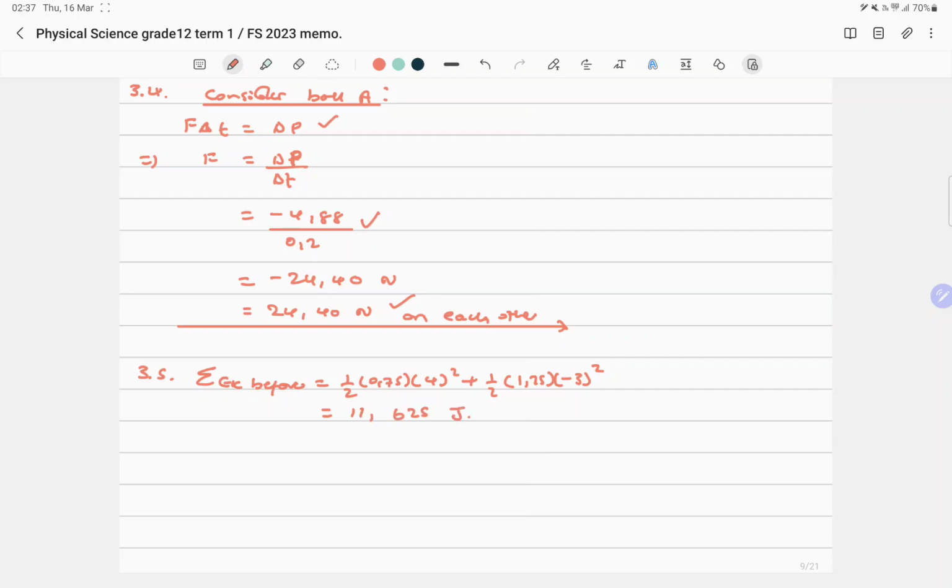Okay, it's a scalar quantity, and then we can say the sum of EK after is going to be a half into 0.75 into, we saw that this is minus 2.5 squared, plus a half into 1.25 into this one, we got 0.9 squared.